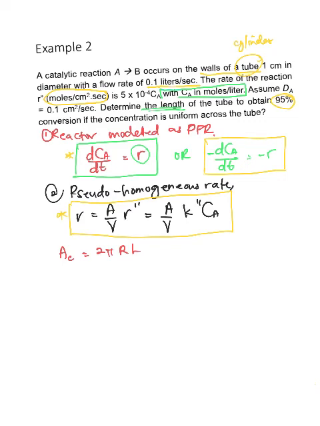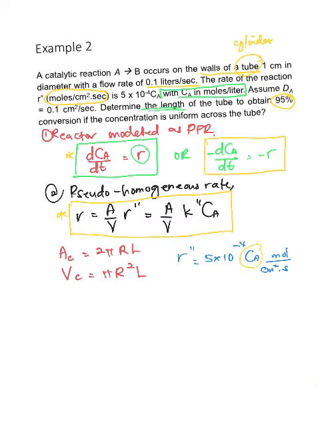And the volume of cylinder, pi R square L. And R prime given 5 times 10 negative 4 Ca mole per centimeter square second.